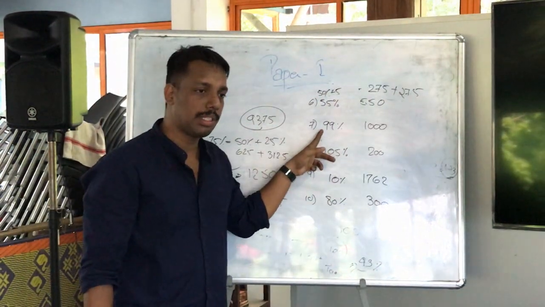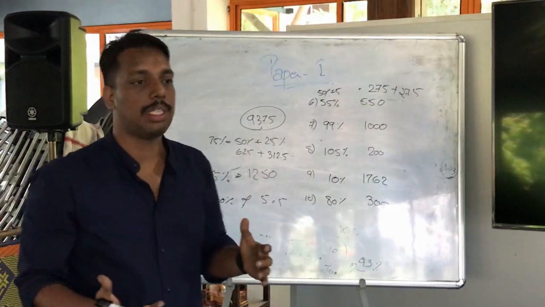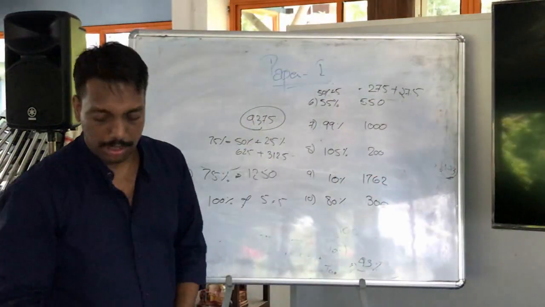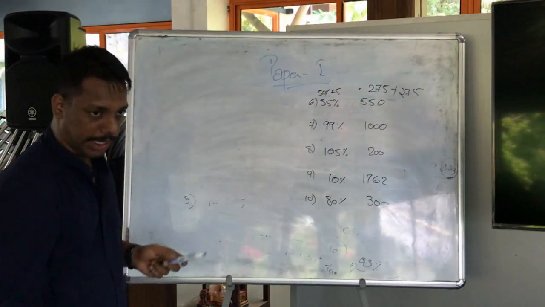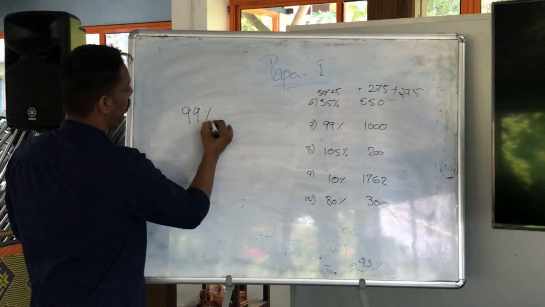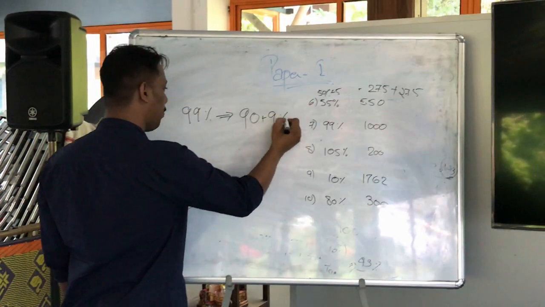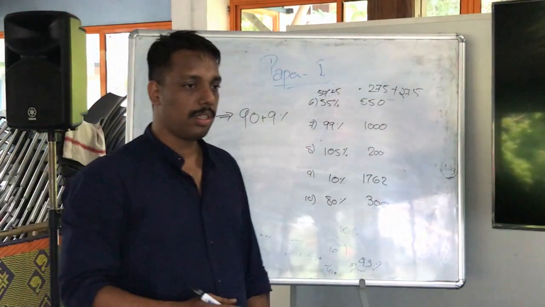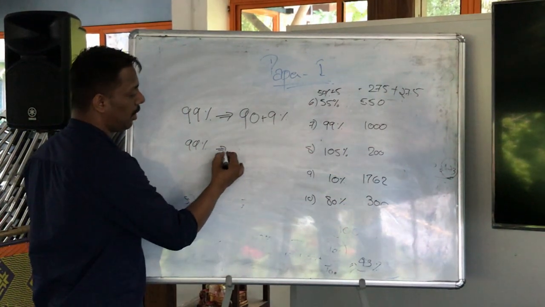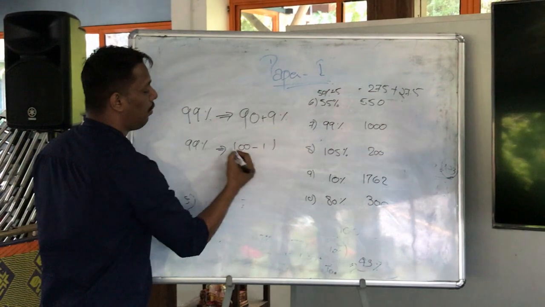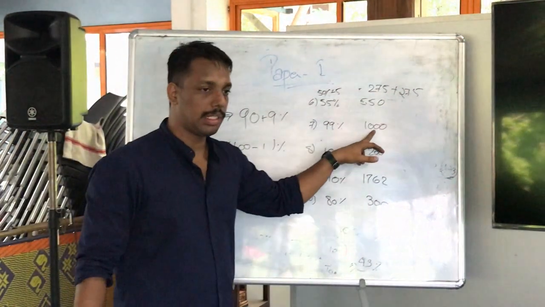What is 99%? How will you get 99? You can divide 99% as 90 plus 9, but it will take too much time, right? What is the easy method? If you get such a number, you just subtract from the total value 100%.